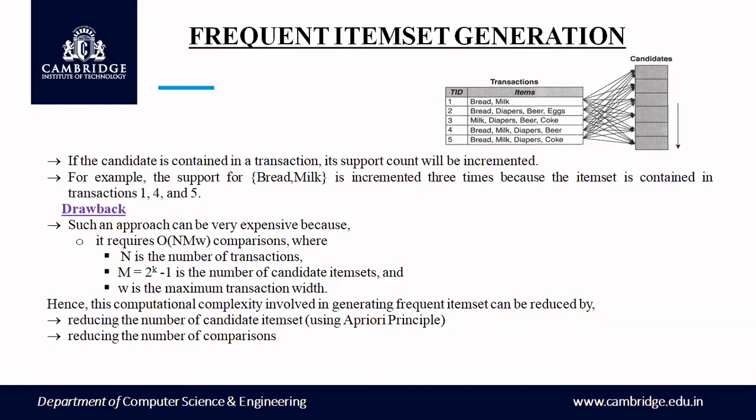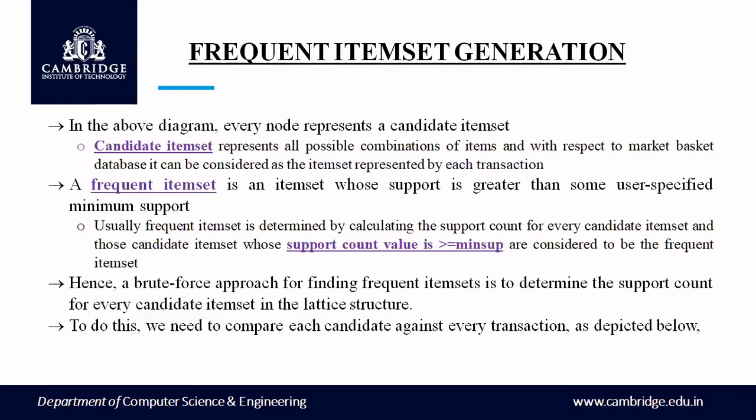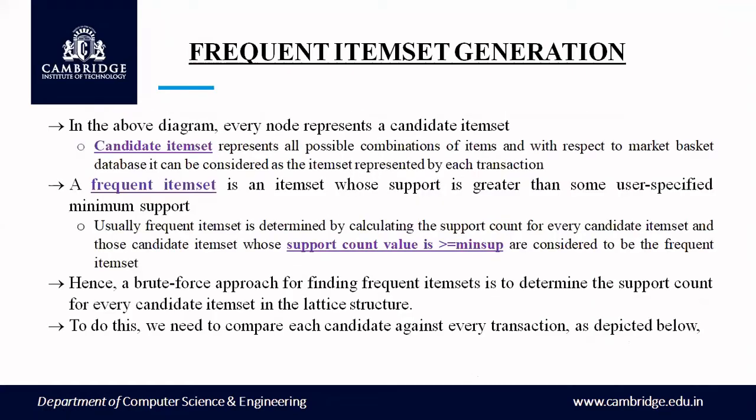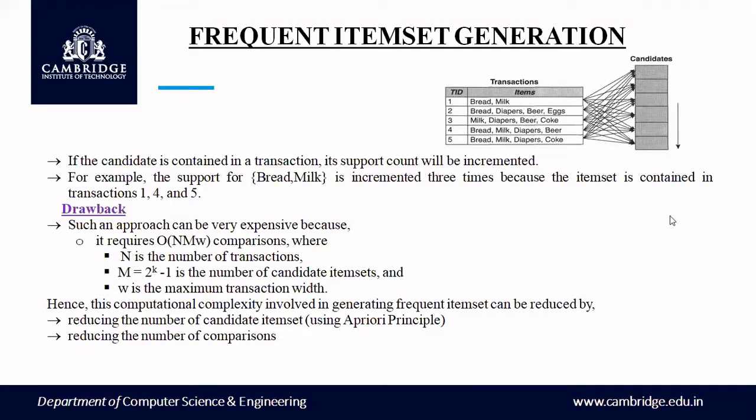Having generated the lattice and got an idea about the candidate item sets, I can identify the frequent item sets by comparing each candidate item set's support with the minimum support threshold. But this is not effective when we have multiple transactions and voluminous data in hand.